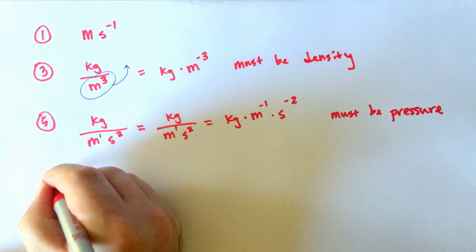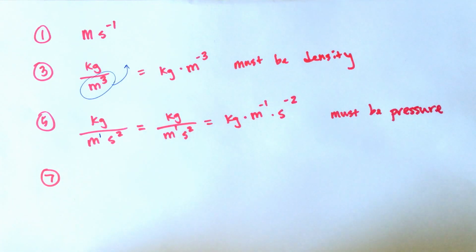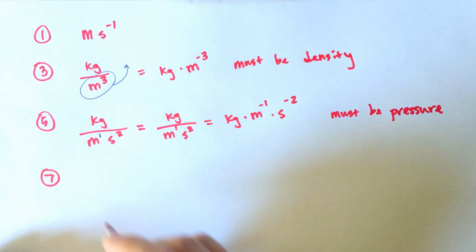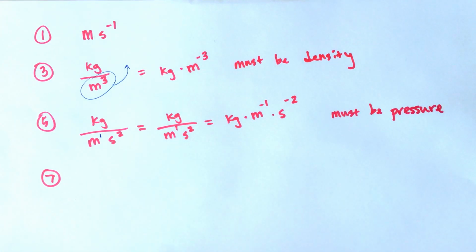Well, 7 takes advantage of the fact that these units can be rearranged algebraically, and they ask you to simplify the SI unit expression and use the result to determine the quantity being expressed.